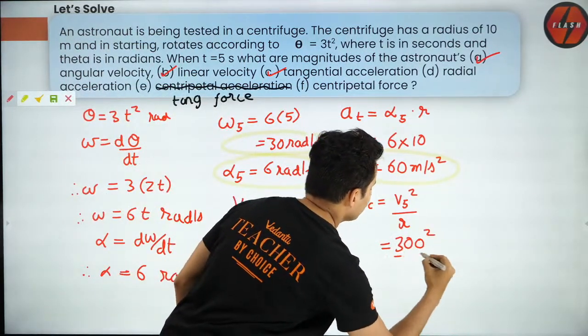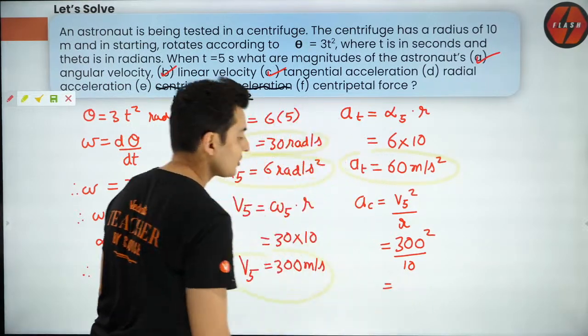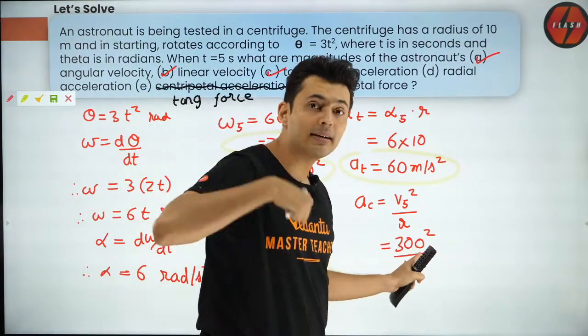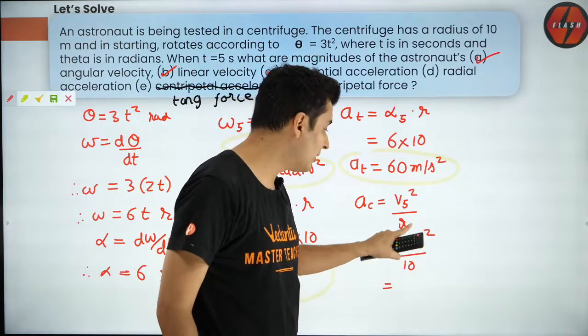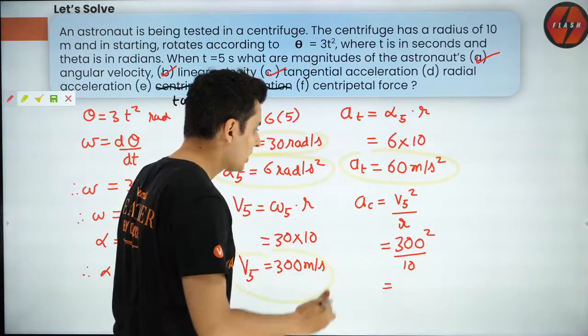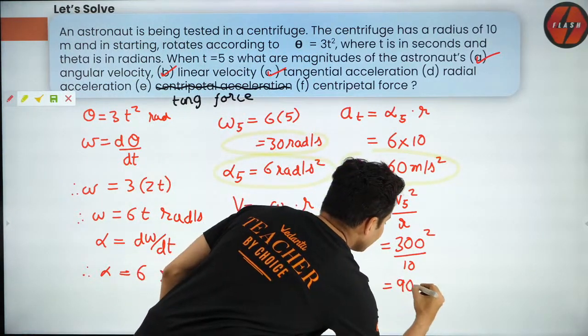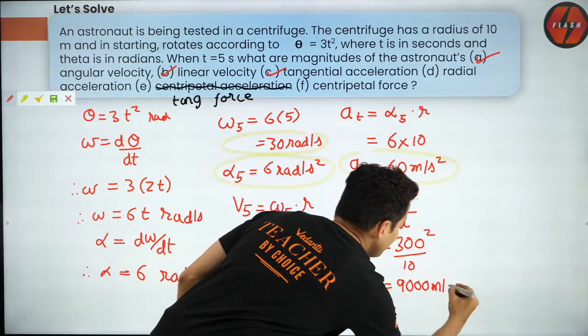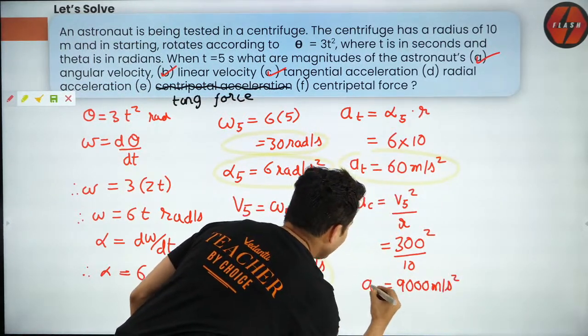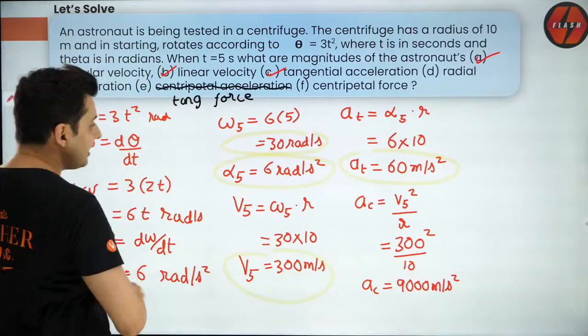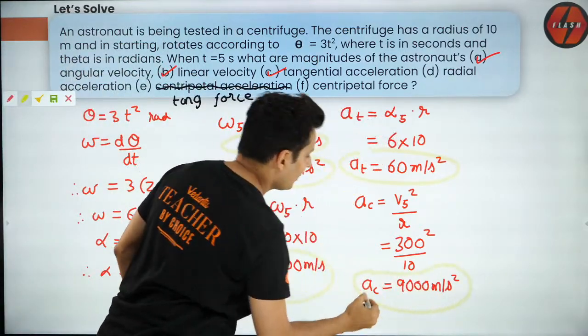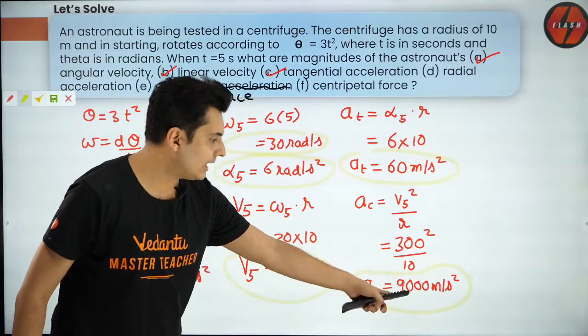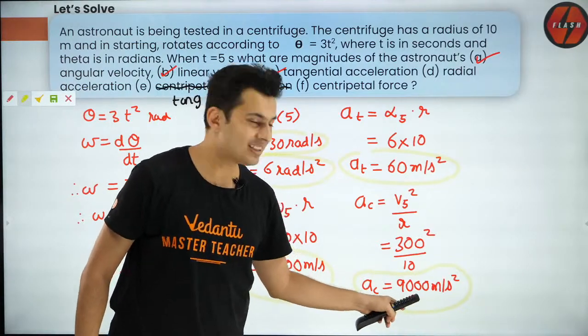So it will be 300 square by 10. 3 square is 9, 100 square is 10,000, 10,000 by 10 is 1000. So it will become 9,000 meters per second square. Guys, this is crazy acceleration. What do you think? Look at that acceleration. Do you see that?